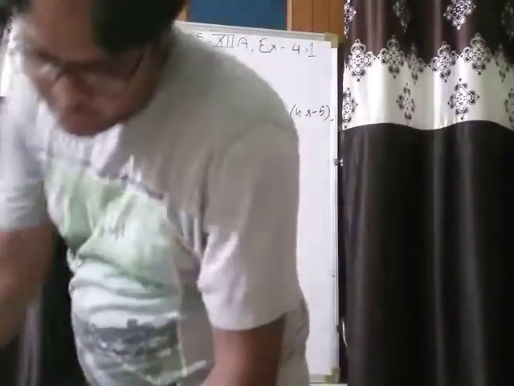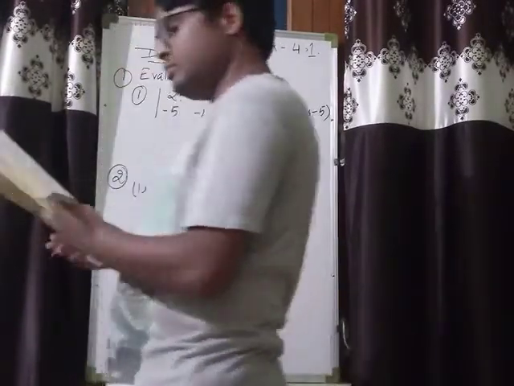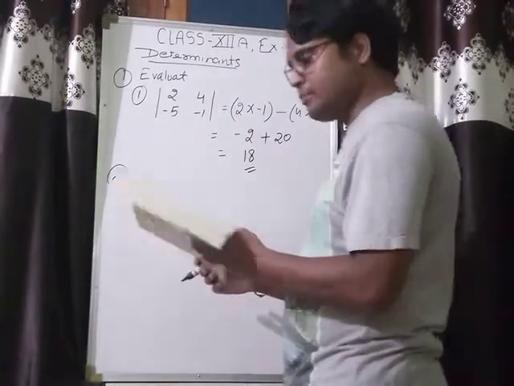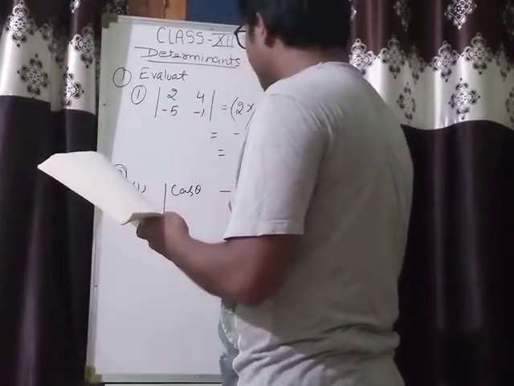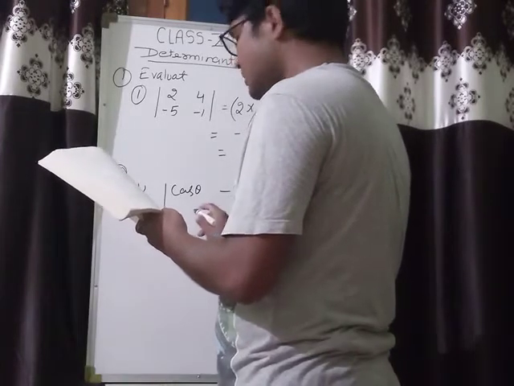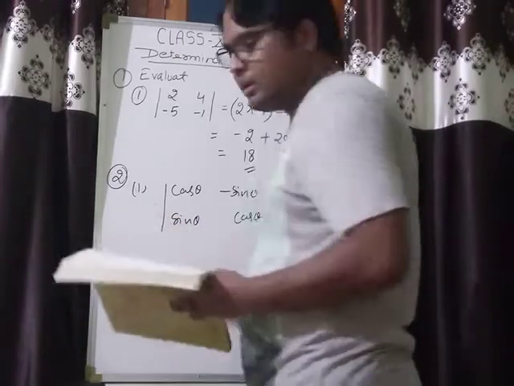Okay. Now question number second. It has two parts. The first one is the determinant of cos theta, minus sin theta, sin theta, cos theta. Again the same thing.